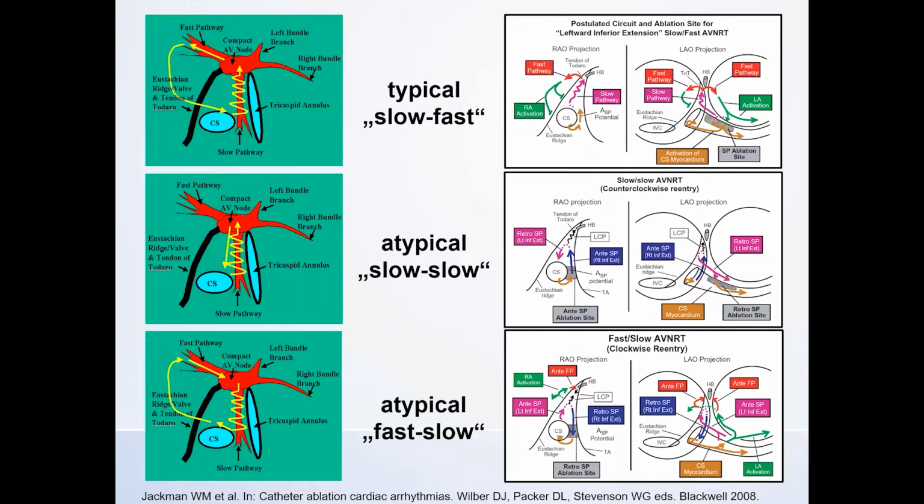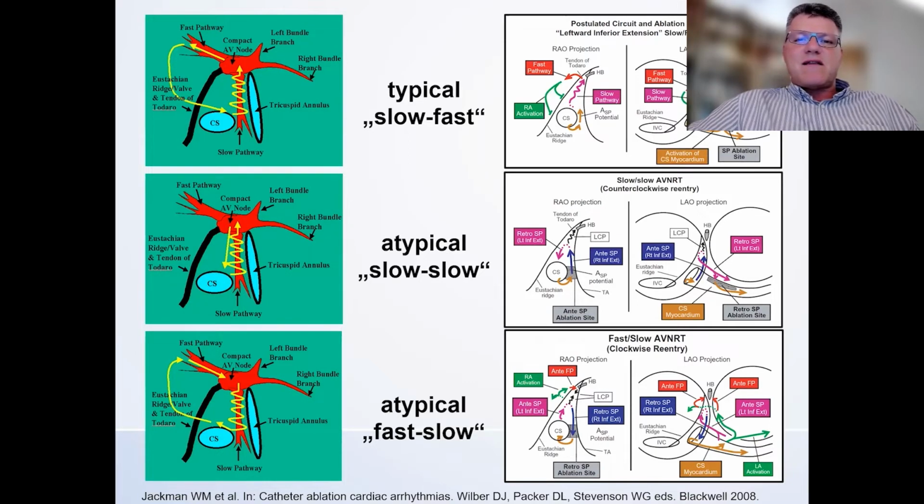Nevertheless, it is important to keep this figure in mind, and remember that the site of ablation success may finally be found not only at the typical site of the triangle of Koch, but also at the ostium of the coronary sinus, or even deeper at the coronary sinus roof. And in rare cases, the AVNRT has to be ablated from the inferoseptal aspect of the mitral annulus.